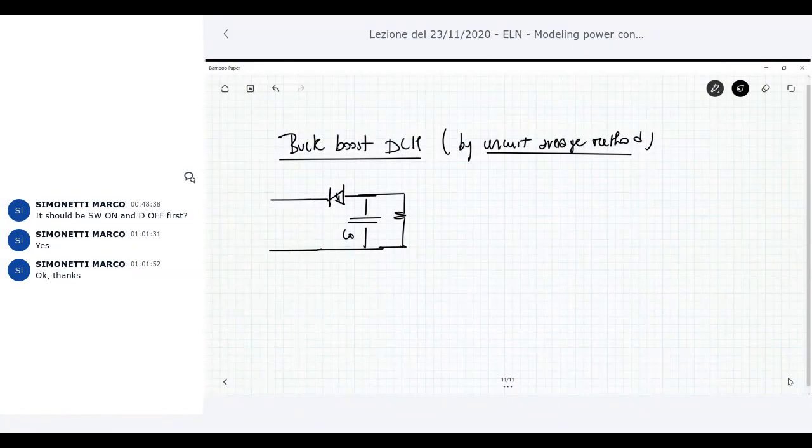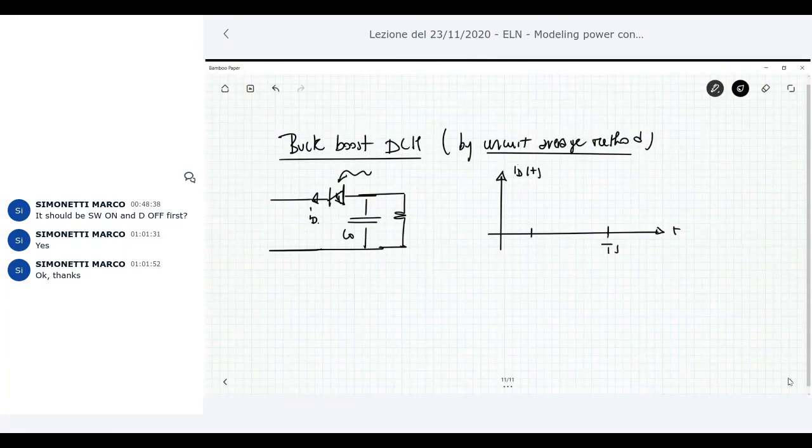Let's analyze what happens replacing the diode with something that is the average of its current. The current is flowing here, and look at what happens to the average. Remember that the current in the DCM diode is something like this. This is TS.